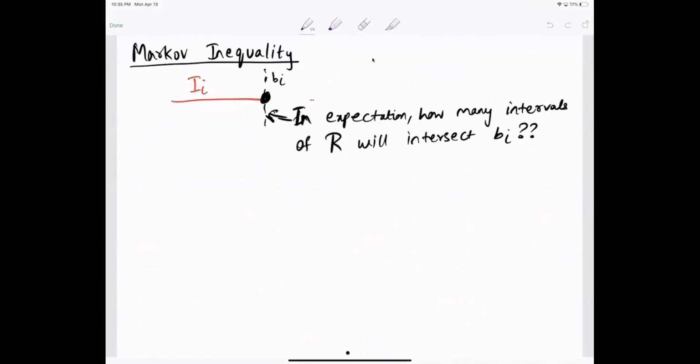We said the sum of xj over the intervals containing BI is less than or equal to 1.